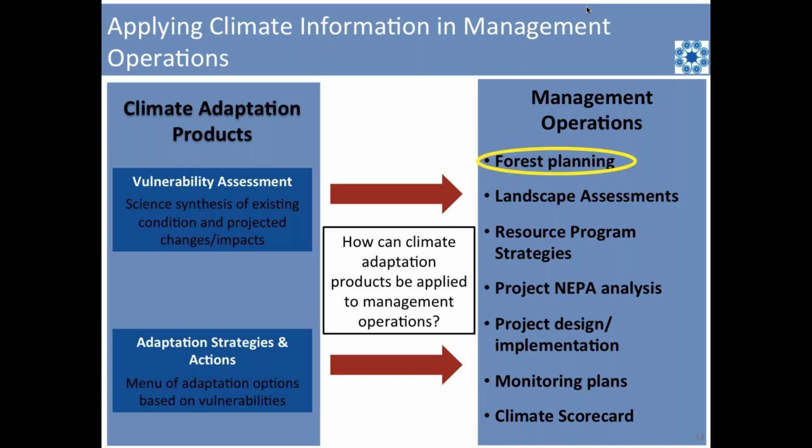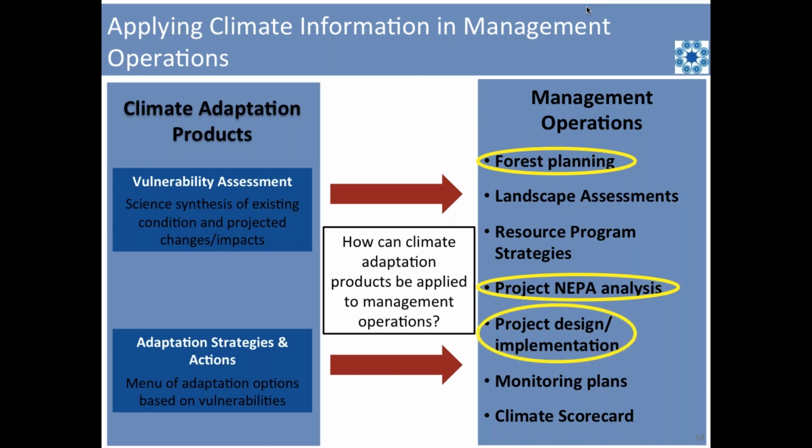For example, the vulnerability assessment can be used in forest planning, as Whitney mentioned. Another forest already used the vulnerability assessment synthesis information in their forest plan assessment. Vulnerability assessment information can also be used in your existing condition NEPA analysis, and it can be used as the best available science for writing your purpose and need or potentially your project objectives.